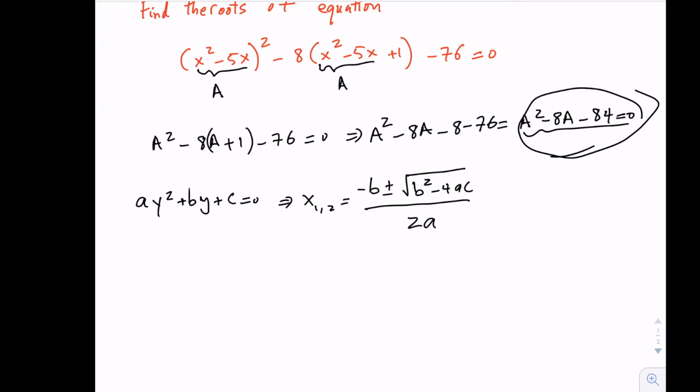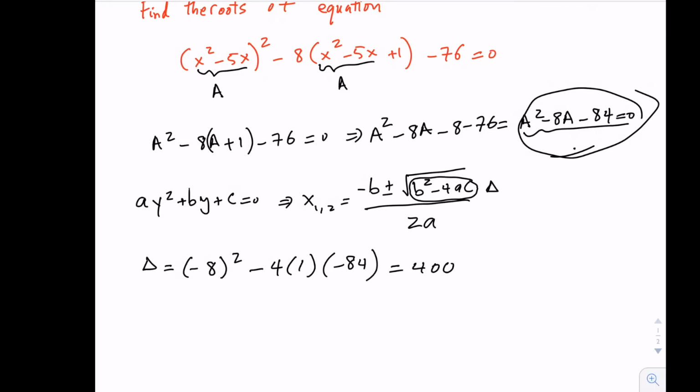Now let's call this quantity under the square root delta. If we form delta for our own equation, delta will be minus 8 squared minus 4 times 1 times minus 84, which is equal to 400.